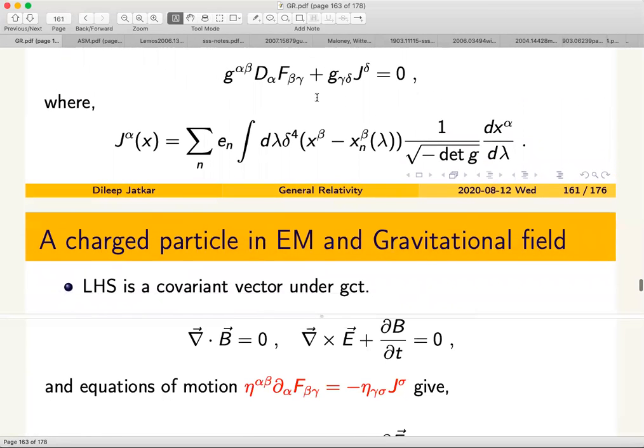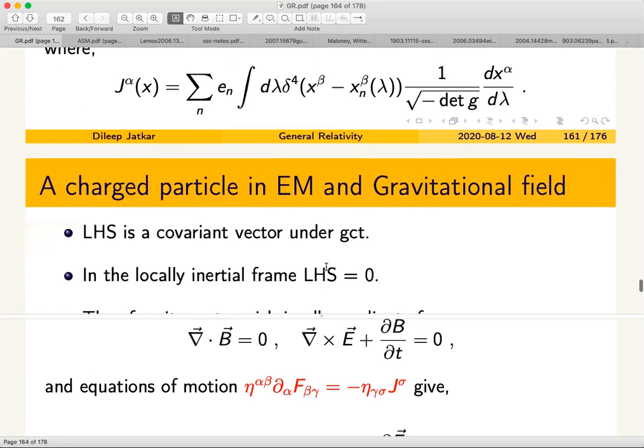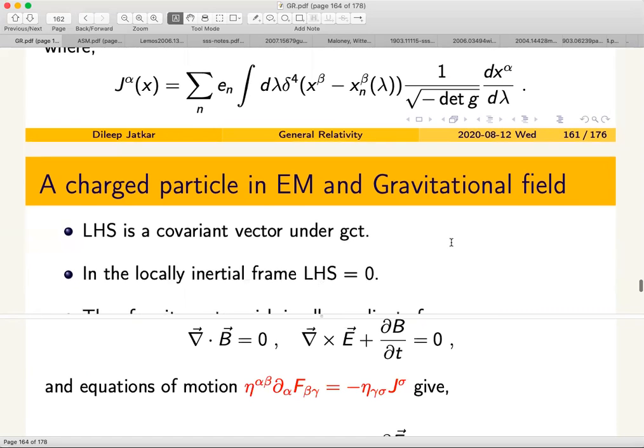If you work in a locally inertial frame, that means the local Lorentz frame that you would want to define, then this equation would reduce to this equation. We know that this equation is valid in flat space, and therefore it is valid in the locally inertial frame. So the left hand side of the covariantized equation is equal to 0.